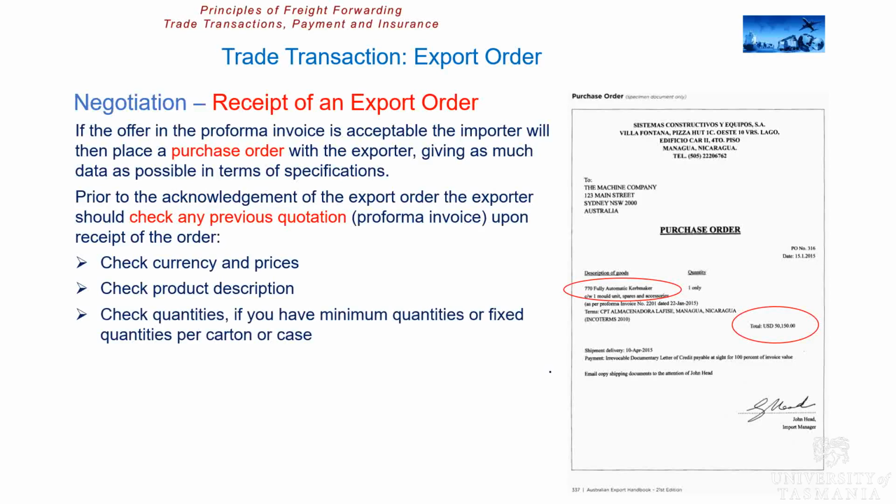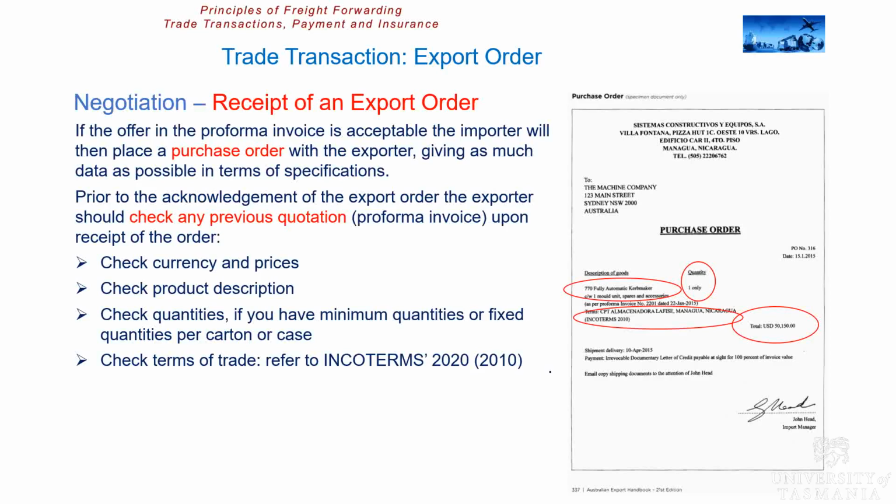They need to check the quantities, because on some occasions sellers have minimum quantities or fixed quantities per carton. They also need to check the terms of trade. Are these the terms of trade that were negotiated during the initial discussion? What about the method of payment? In this particular case, we've got an irrevocable documentary letter of credit payable at sight for 100% of the invoice value.